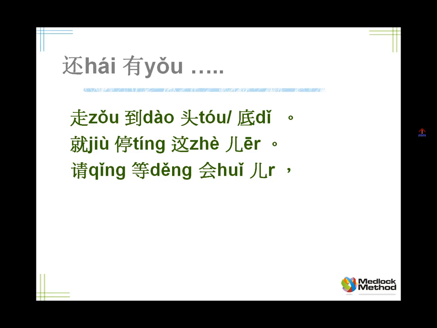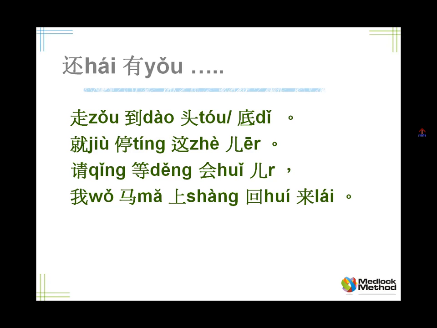And how would you say be back immediately? 马上回来. So tell the taxi driver, I'll be back immediately. 我马上回来. Okay, let's mash those two bits together. Tell the taxi driver, please wait a moment, I'll be back immediately. 请等会儿，我马上回来.